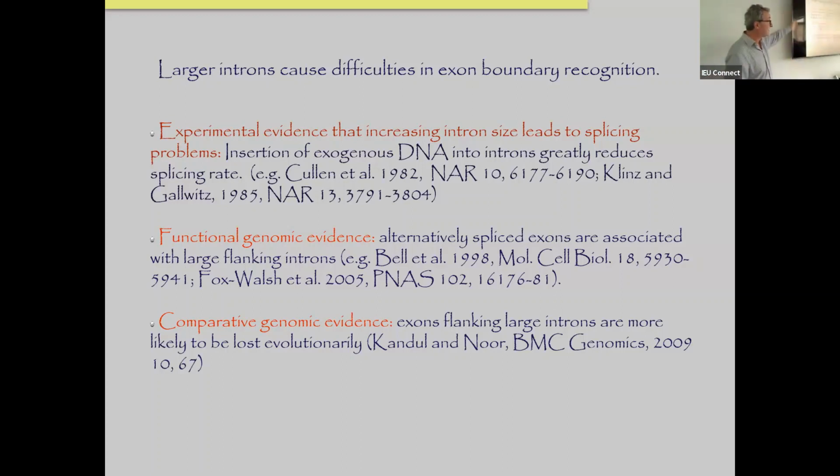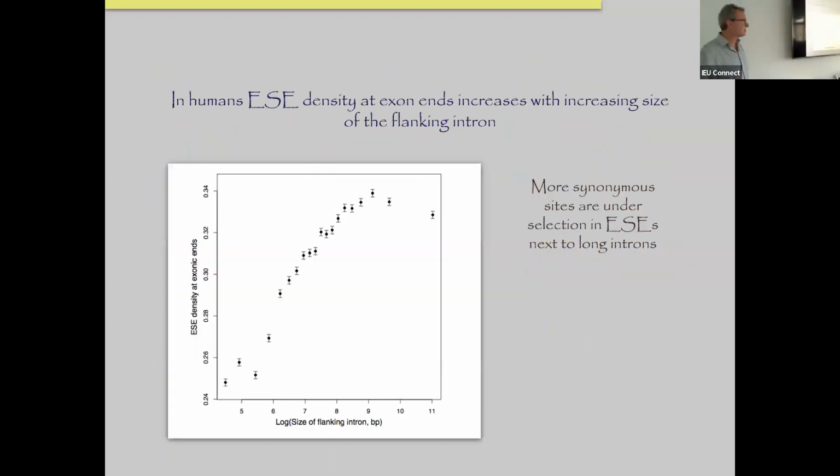What all of this says is we've got a problem with large introns, and large introns mean that we degrade the splicing process. It's very hard to accurately splice an exon next to a large intron. So the solution we've come up with is this. This is human data. We ask, what is the density of ESEs at an exon end, given the size of intron that flanks it?